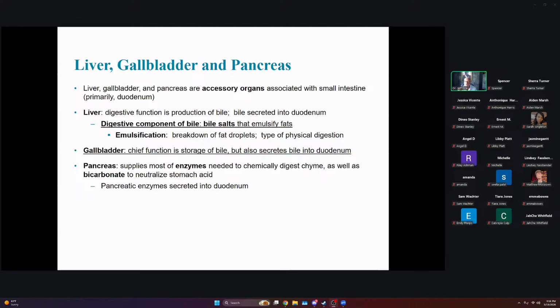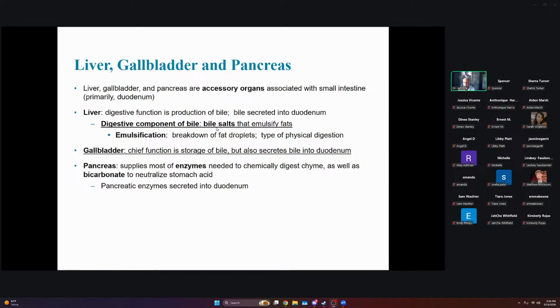It's kind of like hydrochloric acid emulsifies protein like steak. It kind of liquefies it. It doesn't chew it like our mouth, but it is a type of physical digestion because it's physically changing it from a solid or a semi-solid to a liquid. So the liver makes bile.